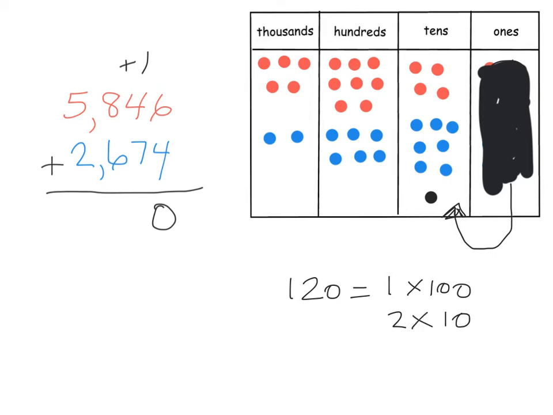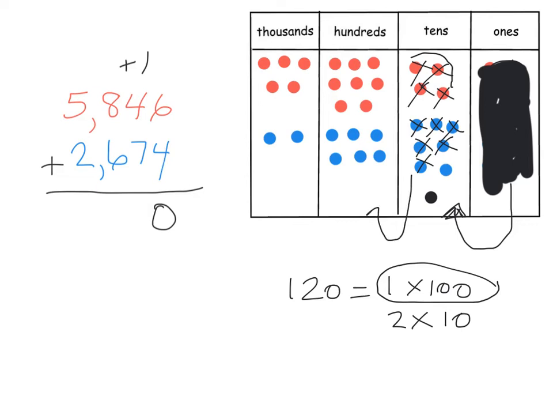So since I've got this one group of 100, I'm going to do the same thing and move 10 of these. So 10, 20, 30, 40, 50, 60, 70, 80, 90, 100. All of those that have an X, I'm going to move over to the hundreds column. So now I've got one group of 100.